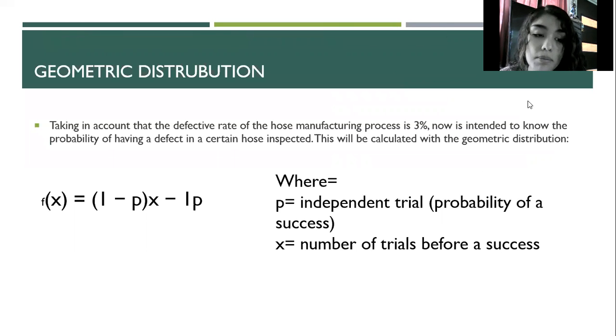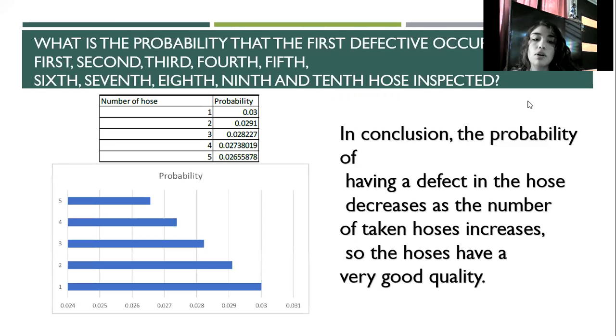And the geometric distribution, where here we only have two data, that is the independent trial, the probability of success, and the number of trials before a success. We are taking into account that we have a 3% defective rate. So I did it this time in Excel.